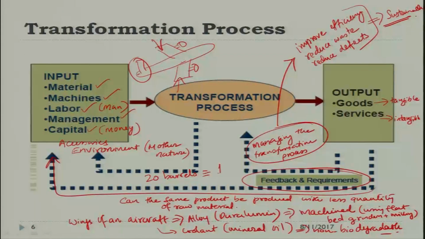It will give you one wing. So one example is if you come up with some changes so that these 20 barrels of non-biodegradable mineral oil based coolant can be reduced to 15 barrels, that is a reduction in the input. So this reduces the input. In that process you get the same output of one wing, but with a lesser amount of coolant. Now, how has this become sustainable?